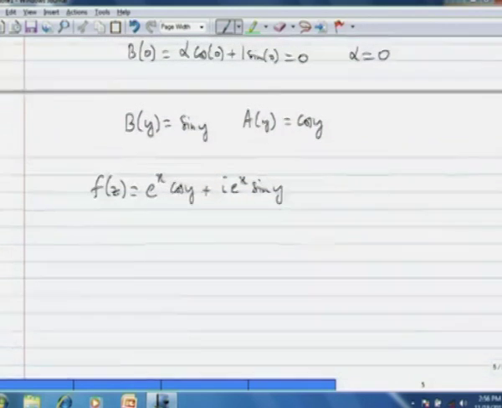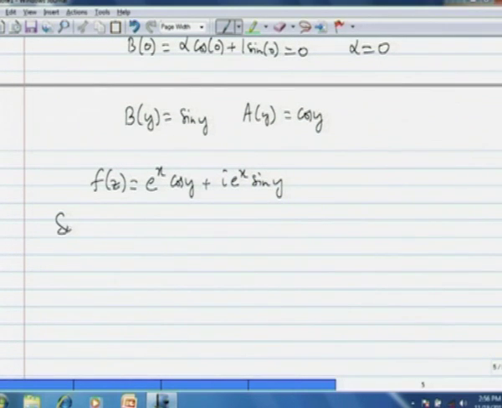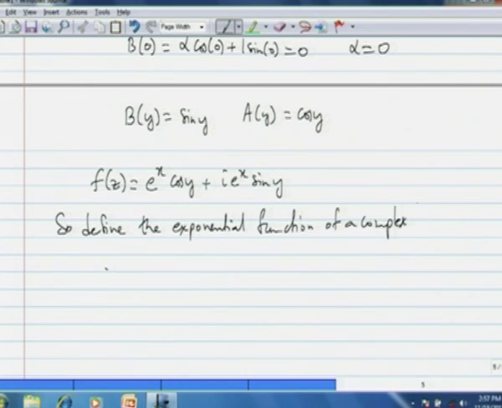And hence, we will define the exponential function of a complex number z as e power z.